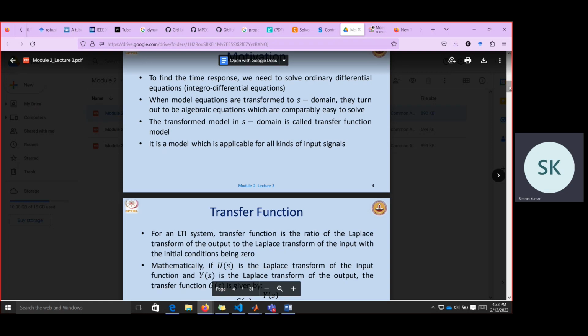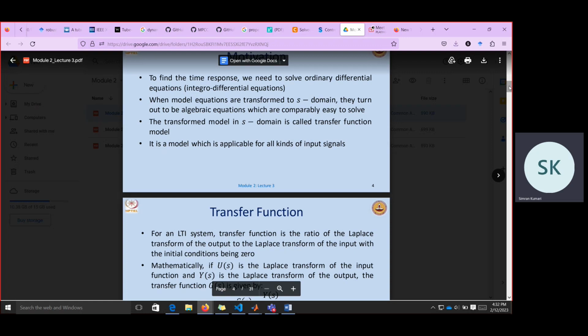Now we want to find the response of this ordinary differential equation given some input, that we call particular response or forced response. In that case, solving these integral differential equations is not that convenient. So we go for the Laplace transform, and then we have converted it into an algebraic equation, because we had d2x by dt squared, so now we have s squared X(s).